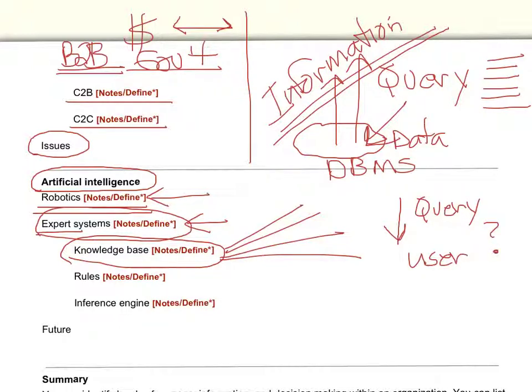A great example would be a doctor. A doctor will ask you questions about what's bothering you, or what's wrong, or they'll do tests. So the knowledge base queries the user, and then based on the user's answers, the knowledge base follows some rules.